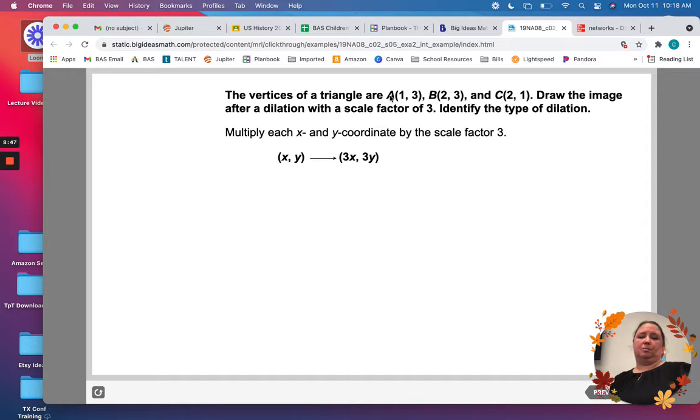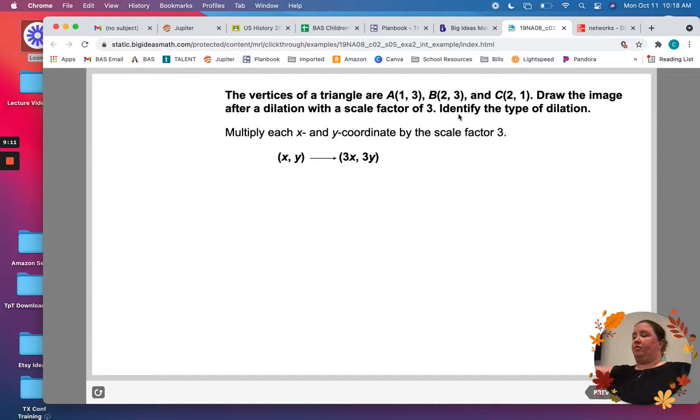You're going to sketch these and draw the image after a dilation with a scale factor of 3. Is 3 greater than 1 or between 1 and 0? Greater. So is this going to be an enlargement or a reduction, Samuel? It's an enlargement because it's greater than 1. So already we know the type of dilation is an enlargement.